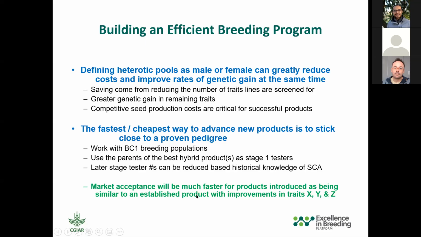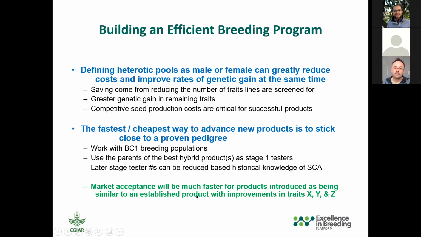Another part to consider is that the fastest and cheapest way to advance new products is to stick close to a proven pedigree. A lot of breeders just work all F2s looking for the big jumper, but you can see good gains, especially when you have some good genetic variance in your breeding pool, when you work BC1 breeding populations.